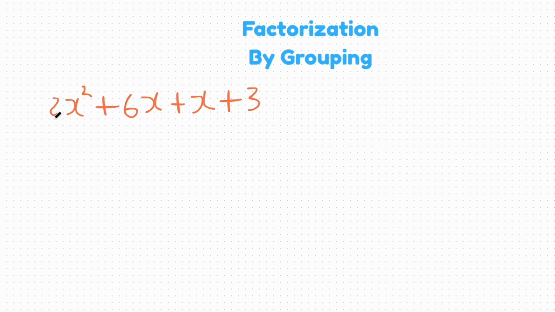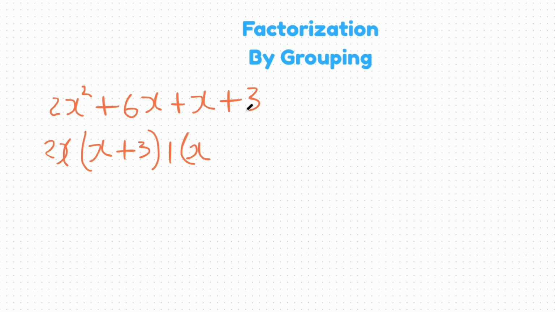So what's the HCF for 2x squared and 6x? That would be 2x. Then 2x squared divided by 2x, we're left with x. Positive 6x divided by 2x, that is positive 3. Close our bracket. The HCF here would be 1. So 1x divided by 1, that's x.